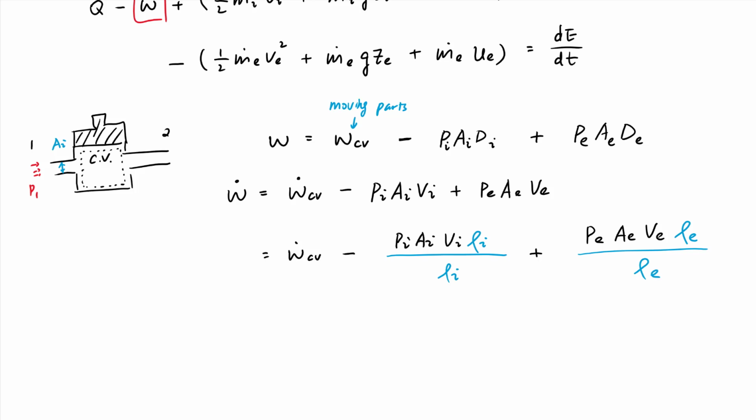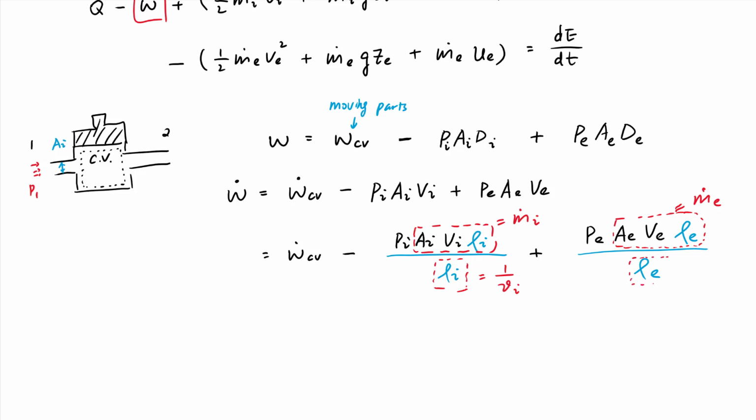The reason we do that is rho V A. Rho V A is something different. Rho V A is equal to the definition of mass flow rate. So this equation can be simplified. And in addition, density is the inverse of specific volume.